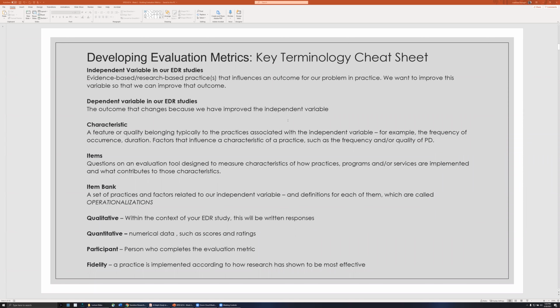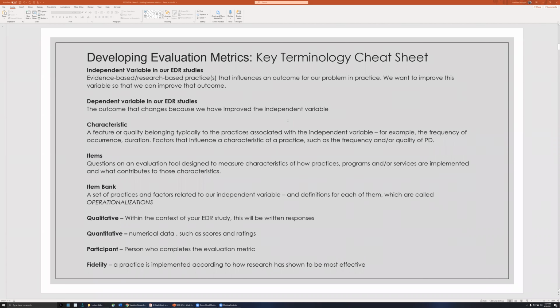So you've operationalized or defined the key essential characteristics of each practice that you've identified in terms of what aligns with your independent variable. Qualitative within the context of this class is written responses. Quantitative is numerical data such as scores and ratings. And we'll talk a lot more about that next week.